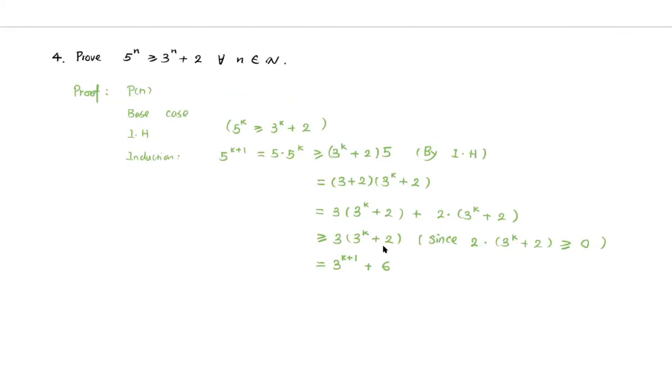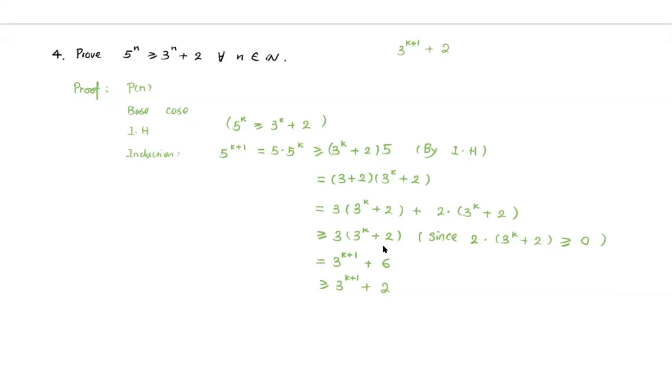I'm continuing. Eventually, you want to get 3 to the k plus 1 plus 2, remember? And we know this is greater than or equal to 3 to the k plus 1 plus 2. Now it's done. Now we have shown that this is greater than or equal to this.